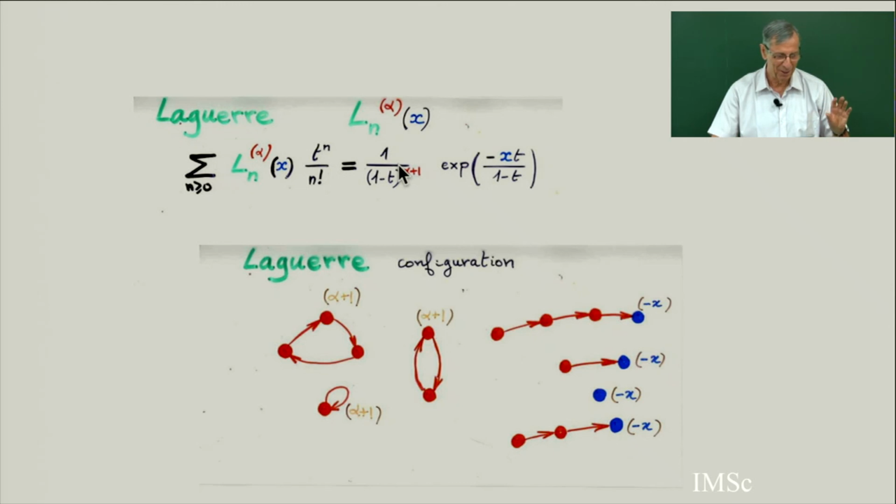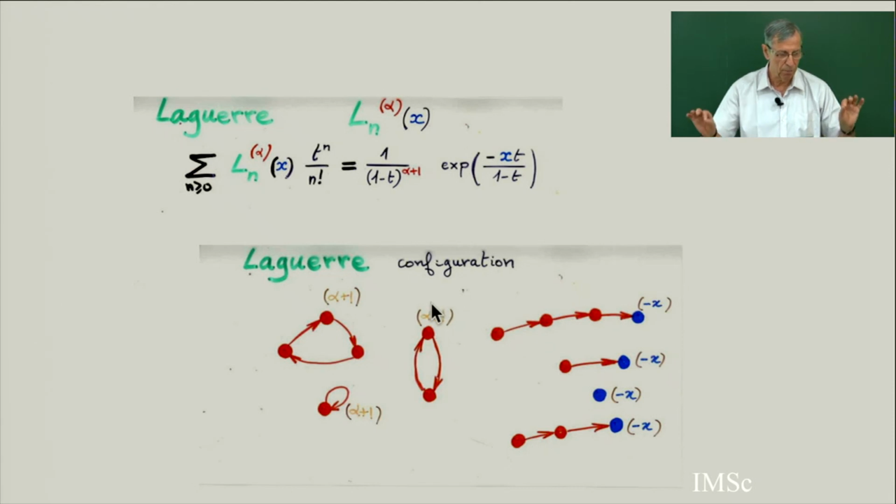Maybe I go fast, but if you know how to translate an exponential generating function, a product of functions, an exponential of something, into combinatorics, you immediately get the interpretation of the Laguerre polynomial as the sum of the weights of all Laguerre configurations. A Laguerre configuration is this, on n elements.